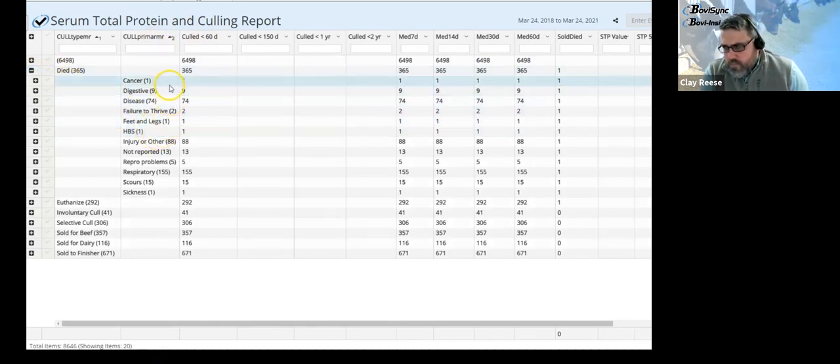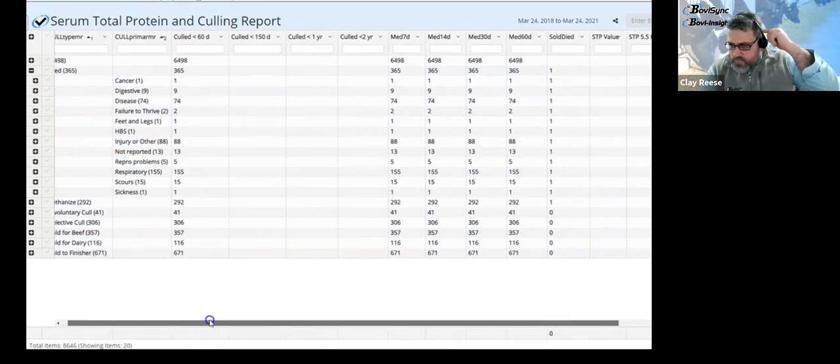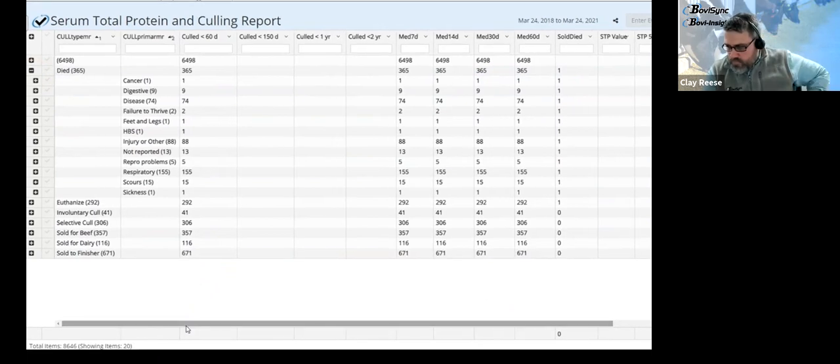So you can look at the percent of animals that are in each of these categories to get a better idea of what are the things that are affecting the dairy, affecting the calf ranch, and what should I be focusing my attention on.